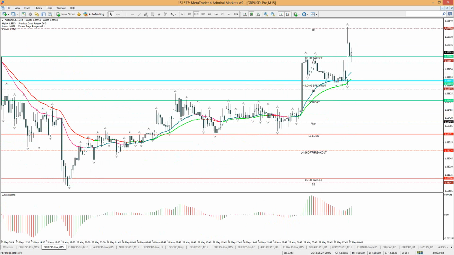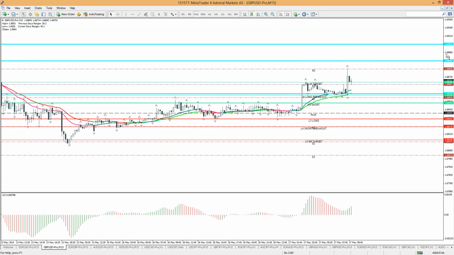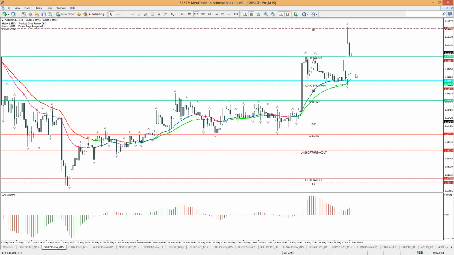It's quite interesting, though, that we already hit the R3 and are above the H5, so pretty much trending mode at the moment. Interesting that part of it was prior to the European Open, actually, in the Asian session. Yeah, it's a bullish mode. The question is, have we already finished it, or are we still expecting more?